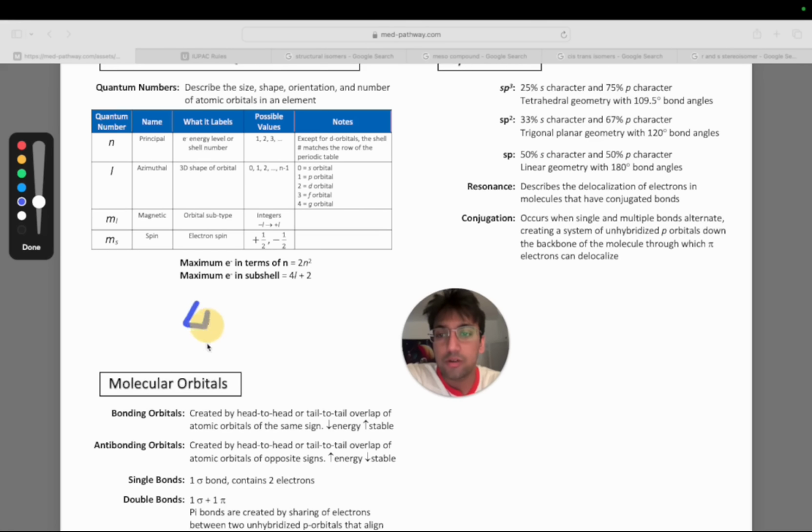And there are 4 total orbitals, and we know each orbital has 2 electrons, so times 2 is 8. So that's how we get to that number. If that doesn't make sense, just do the math for yourself. Try to figure out why in the second energy level there are 8 maximum electrons. Finally, we have the subshell, and you should be able to derive that using this formula. I'll leave that to you, and hopefully you'll be able to do it.